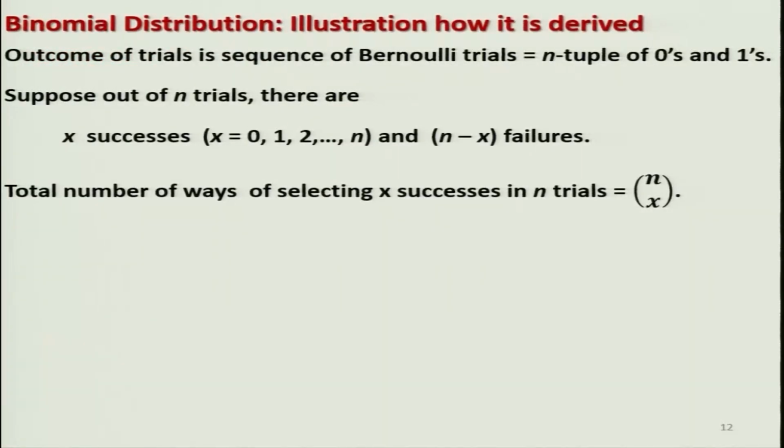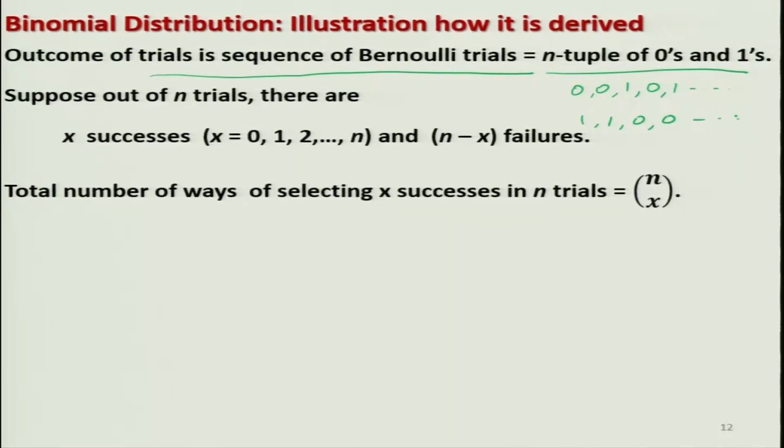So you can see here the outcome of these types of trials is actually a sequence of Bernoulli trials, and the outcome is going to look like an n-tuple of zeros and 1s, like 0, 0, 1, 0, 1 up to n times. Then the next can be say 1, 1, 0, 0 and so on, right.